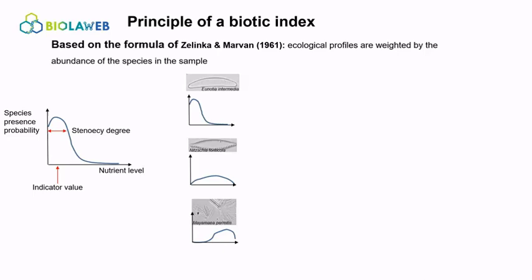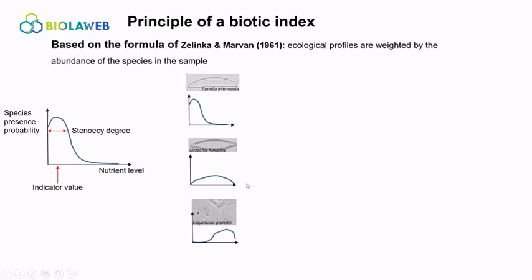So let's imagine we have a very low diversity sample. Eunotia intermedia is usually a good water quality indicator, and it will have this narrow ecological profile. Nitzschia fonticola, well, it's not the reality, I know there are very good diatomists, but it's a species where the ecological profile is quite flat.